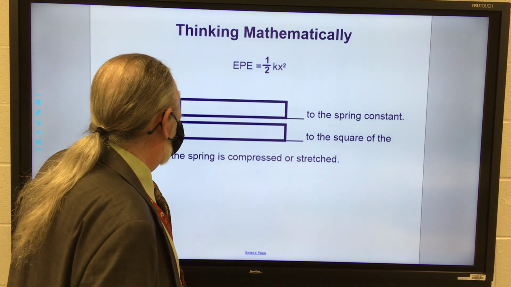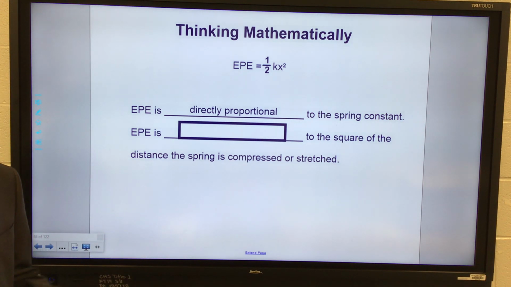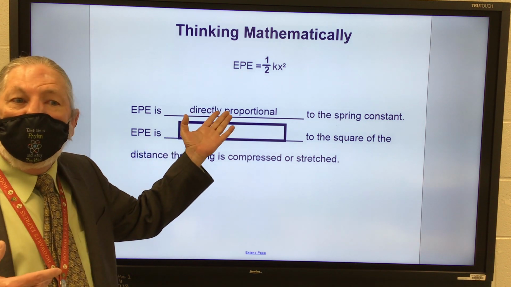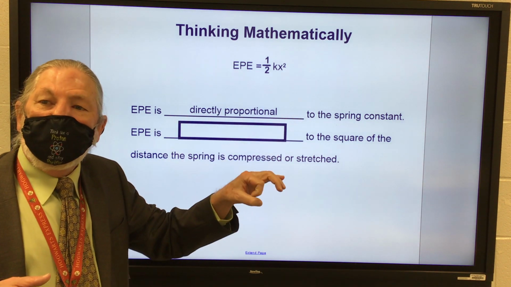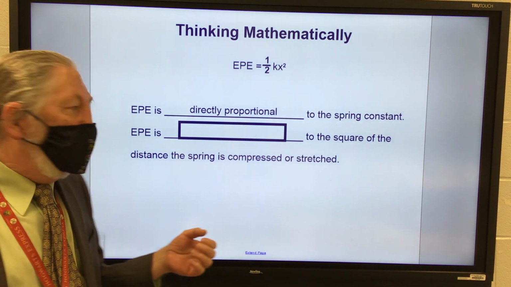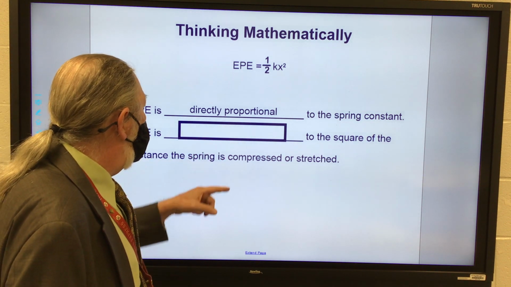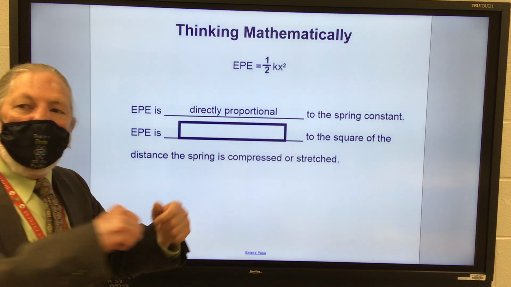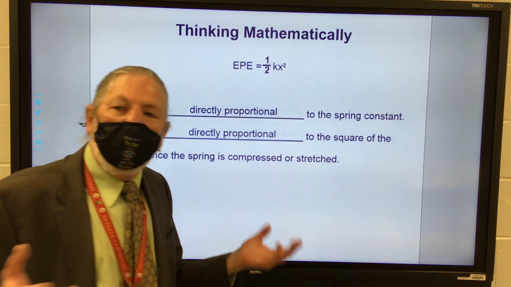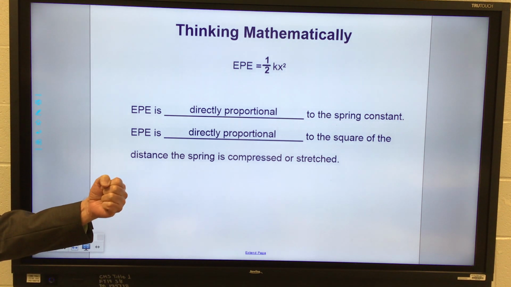EPE is directly proportional to the spring constant, just like in kinetic energy. The comparison would be the mass: spring constant is the size of the spring, and mass is the size in kinetic energy. And EPE is directly proportional to the square of the distance, and distance you could compare to the velocity in kinetic energy, how far you stretch that spring.